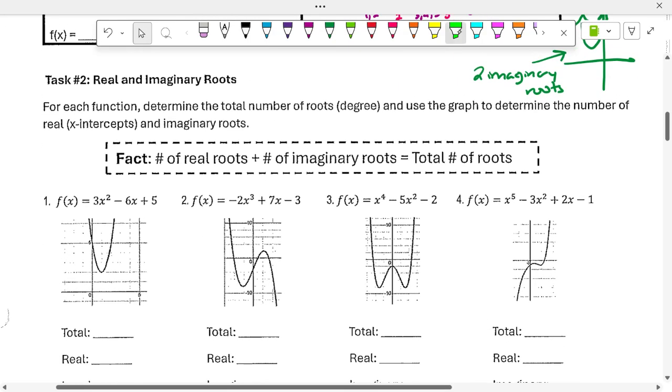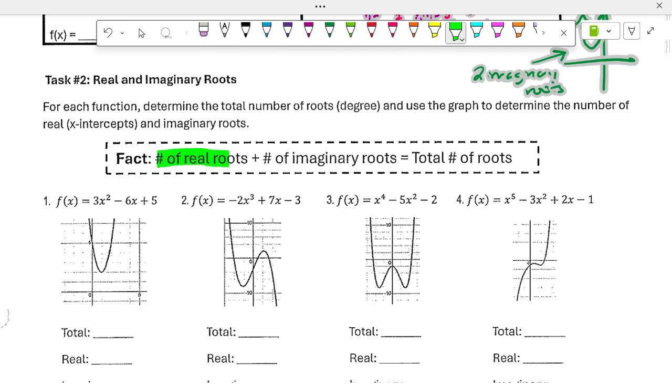When it comes to real and imaginary roots, the number of real roots plus the number of imaginary roots should equal the total number of roots. To determine the total number of roots you should have, the total number of roots is the degree of the graph.